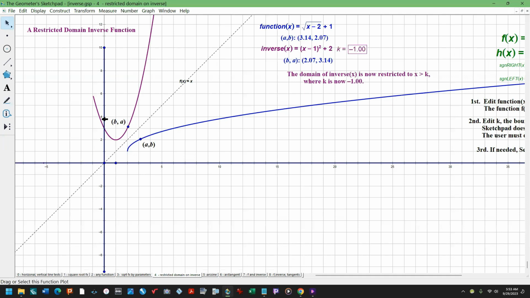Bingo. See how it does not? It is not the inverse of the parabola because we did not restrict the domain. So if I make the domain 1, then I should get my mirror image that I want.